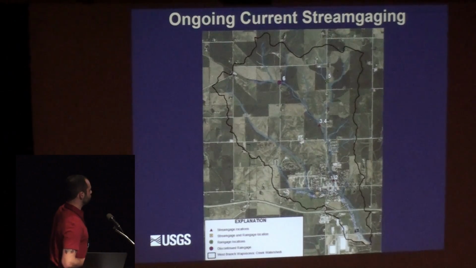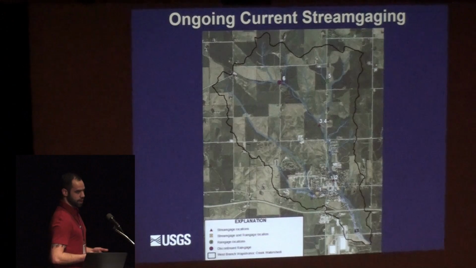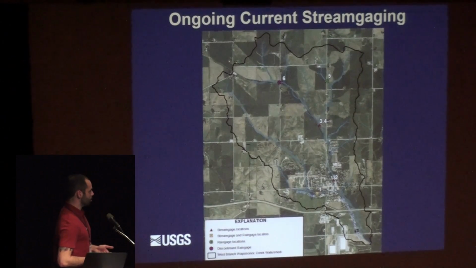So we, the USGS, install gauges, stream gauges, and also precipitation gauges. So these are the areas that we've installed the gauges.